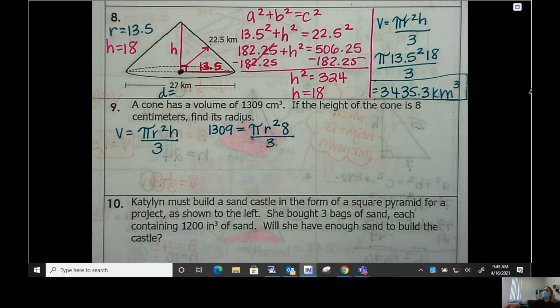I'm going to combine the pi and the 8 into one number, so that instead of having to divide by both pi and 8, I can just divide by one number. I'm just going to multiply pi times 8, because this whole equation is multiplication, and rewrite everything else.